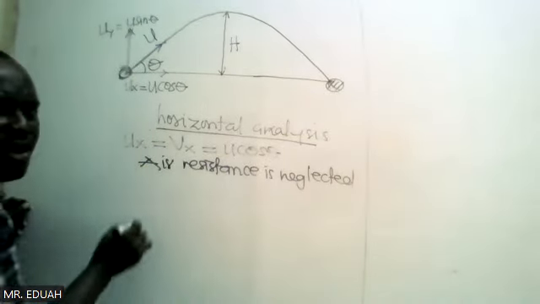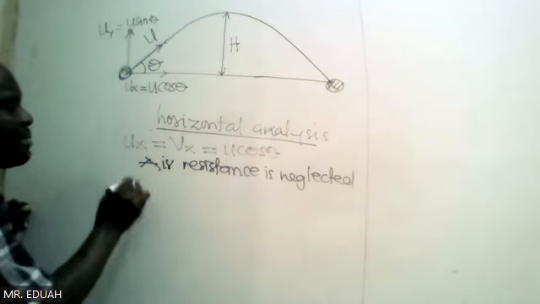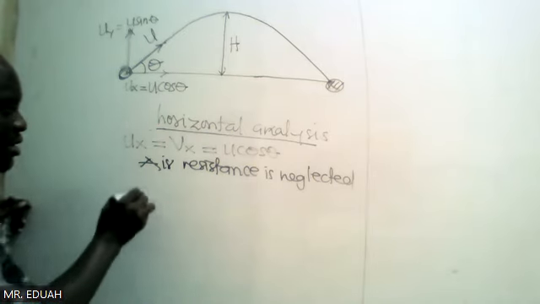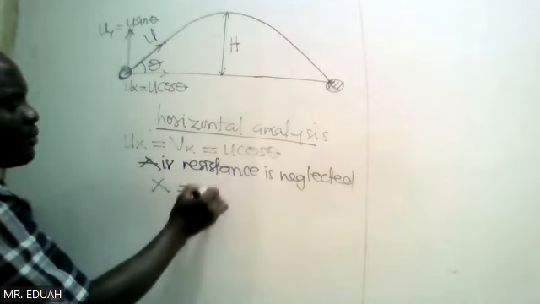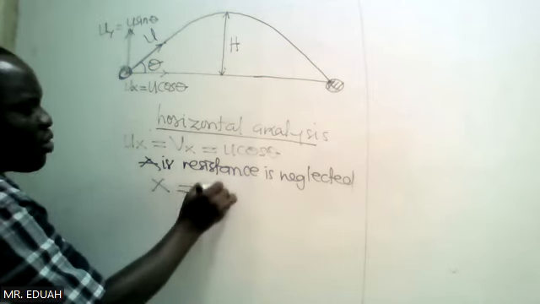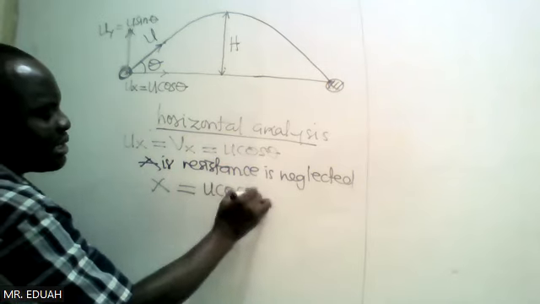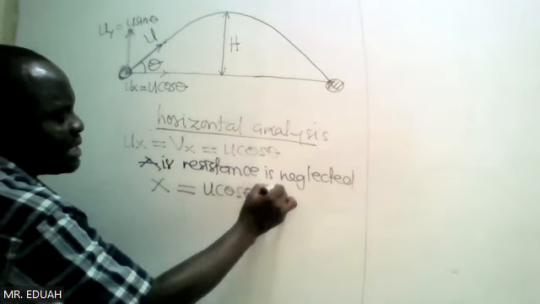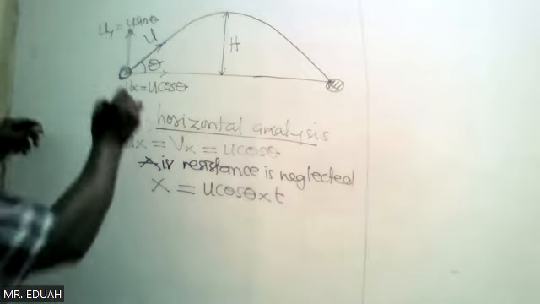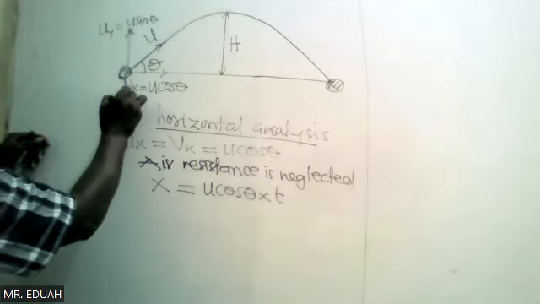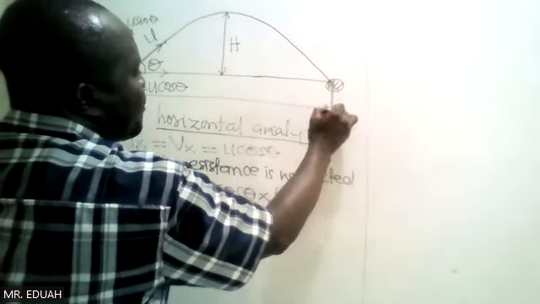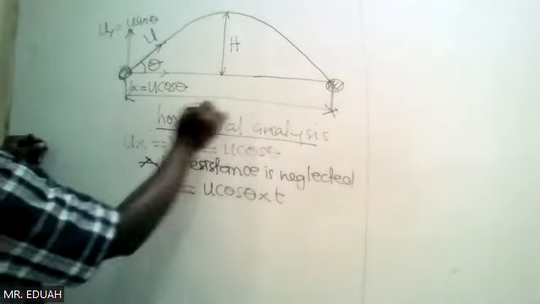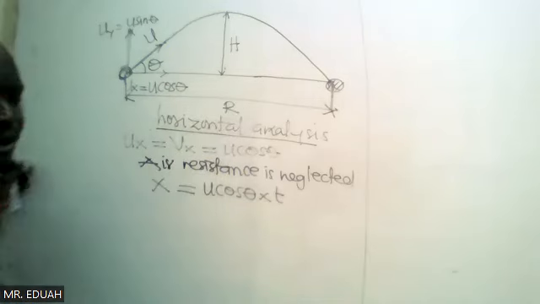Now we saw that the displacement at any time t of the body, x, is equal to the constant velocity u cos theta times the time t. The maximum horizontal distance traveled during the complete flight is known as the range.